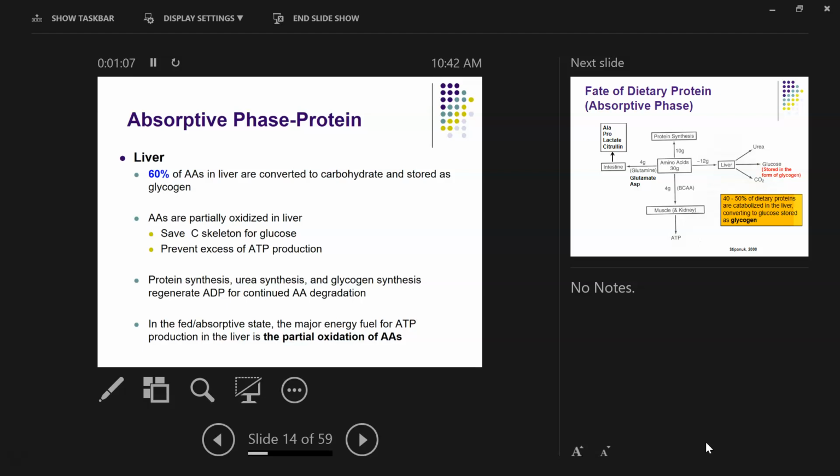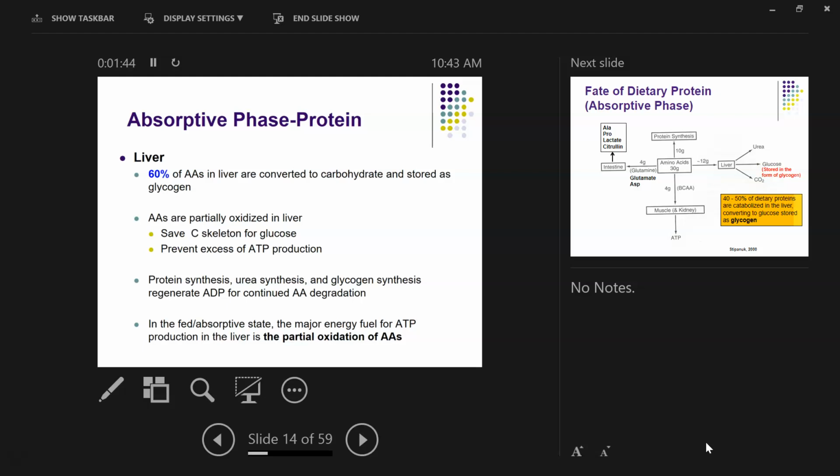So in the liver, 60% of amino acids that initially come from the diet are converted to carbohydrate and stored as glycogen, right? We also know that both carbohydrate and protein or amino acids are able to be converted to carbohydrate, right?